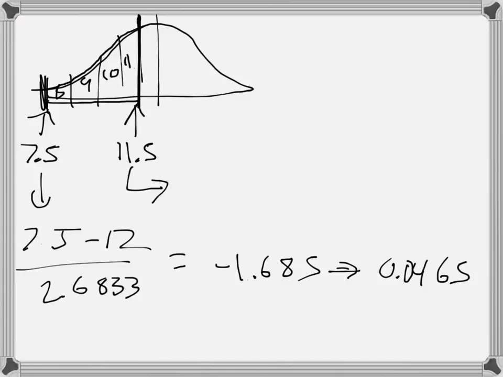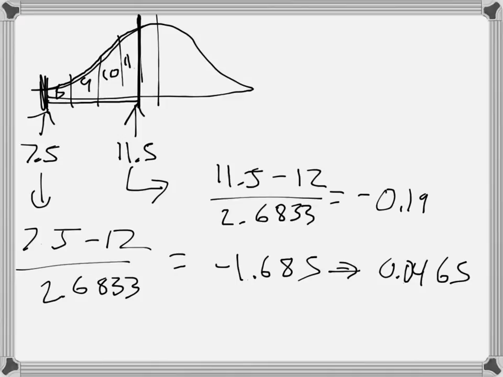The z of 11.5 is 11.5 minus 12 over 2.6833, which gives me a z of about negative 0.19, which implies this probability is 0.42.